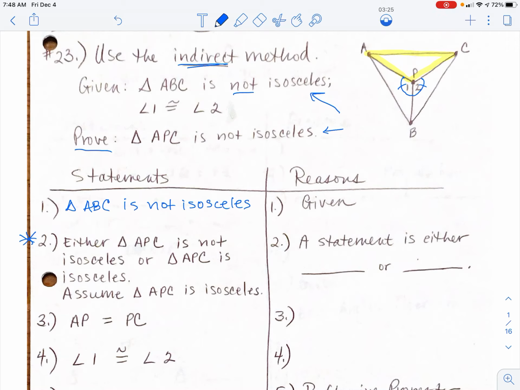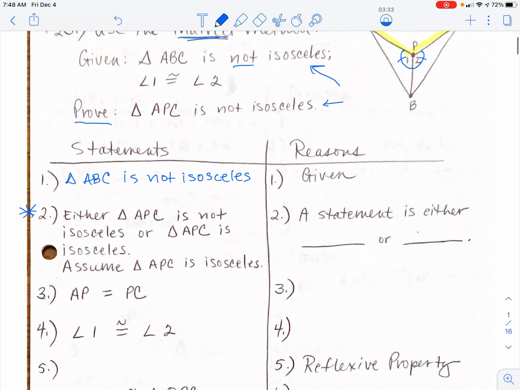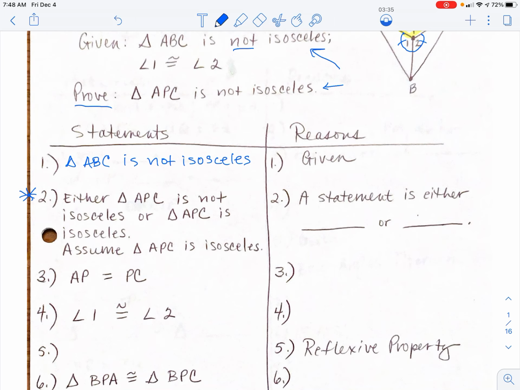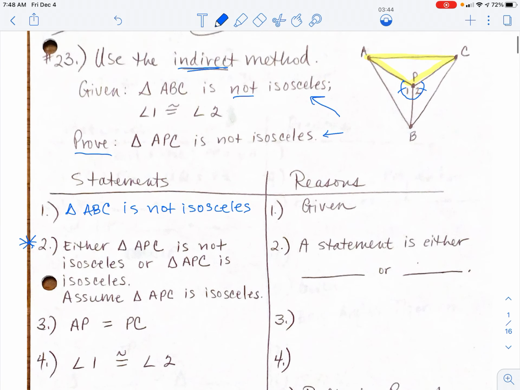We can't ever change what's given for our information, but we're going to work through this proof so that we can find a contradiction in the given statement. Then that will prove that APC, that smaller triangle that I marked in yellow, is not isosceles. So on number 2, either APC is not isosceles or it is isosceles.